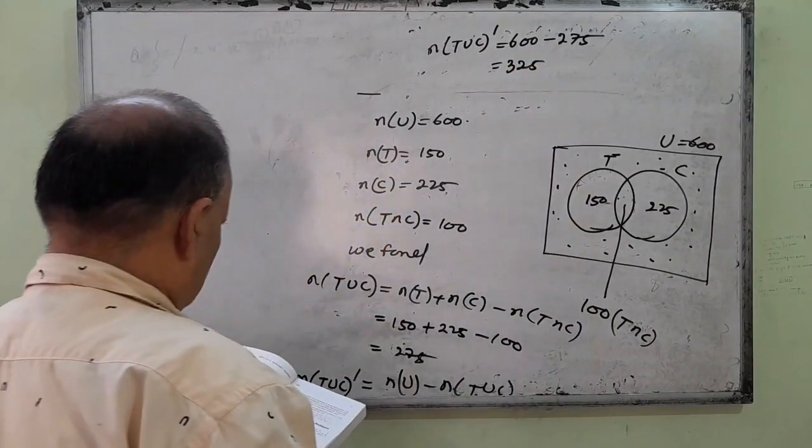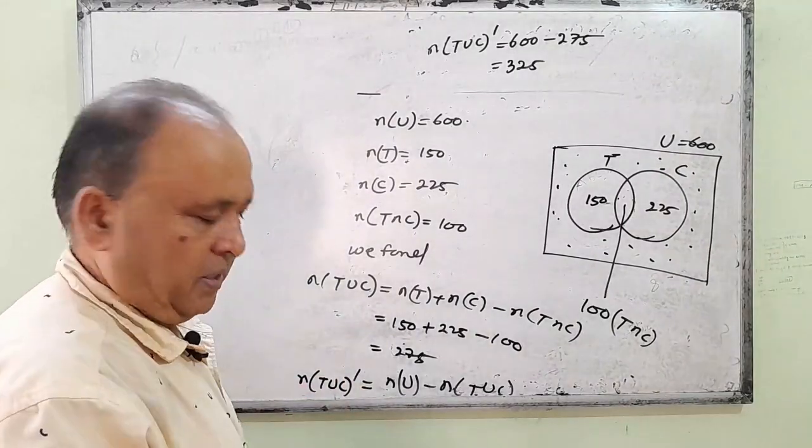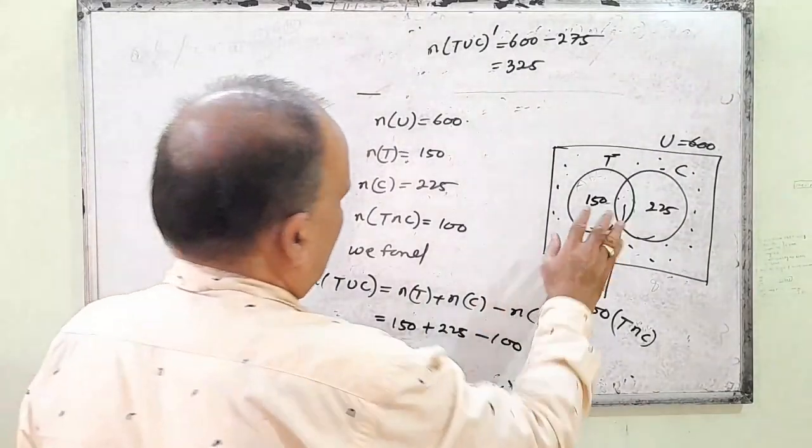These are the number of students taking neither tea nor coffee. You remember this problem, very easy problem.